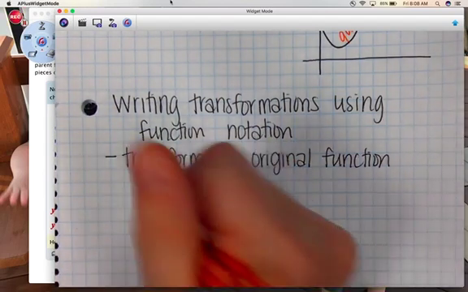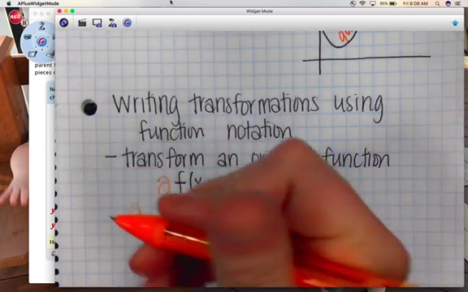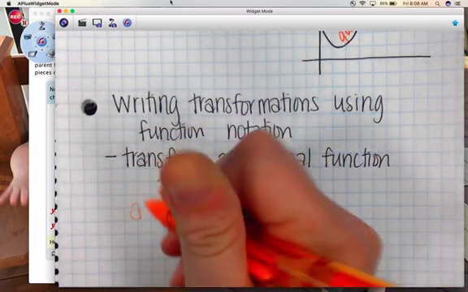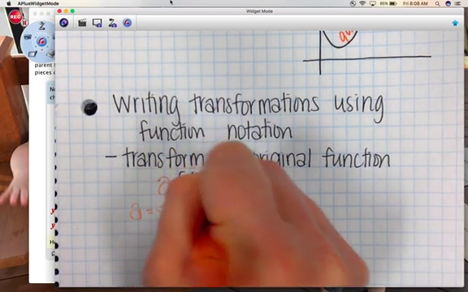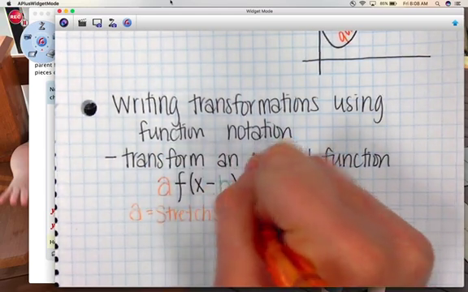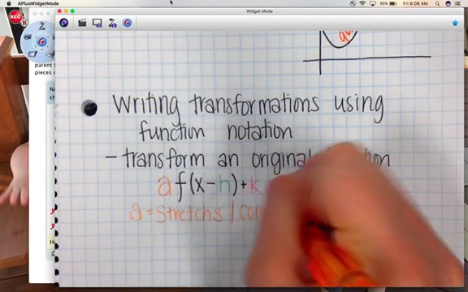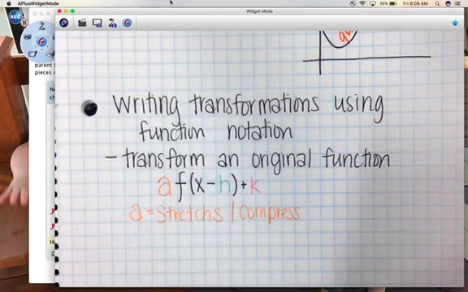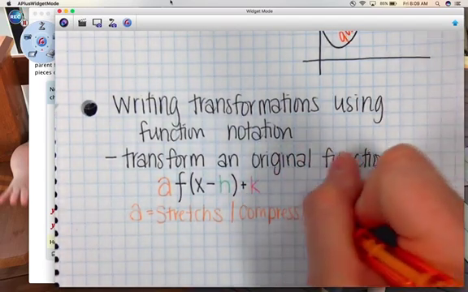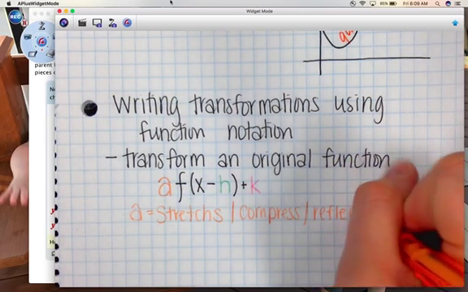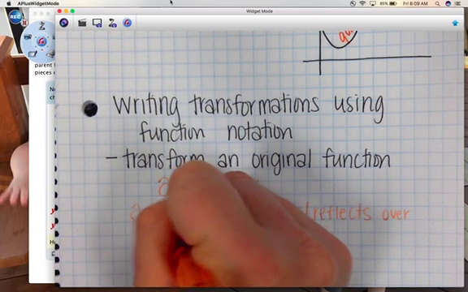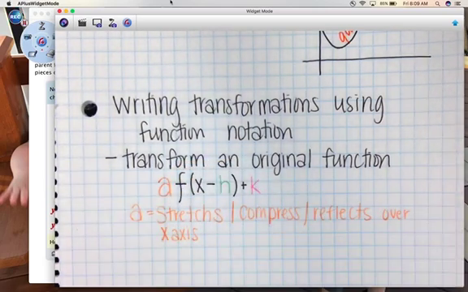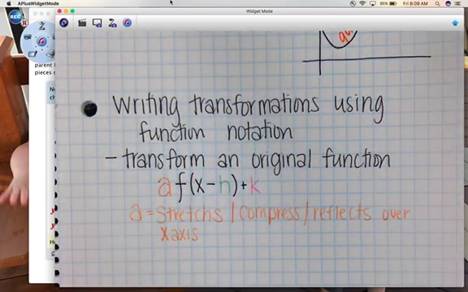So the a still stretches, compresses, and reflects over the x-axis. The only difference is it is just to the original.